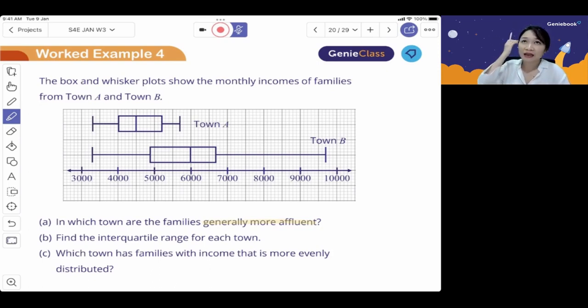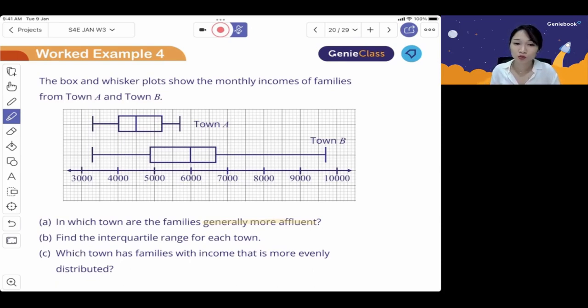Remember I have 5 sets of key data: my lowest value, highest value, median value, lower quartile, and upper quartile. From these 5 values, which one will tell me the general performance? Imagine you have 10 scores from 10 different students.